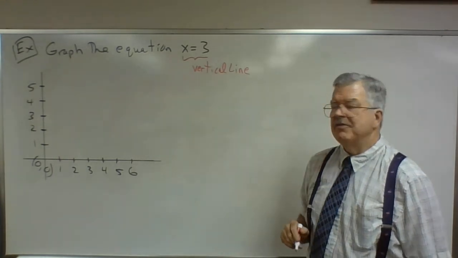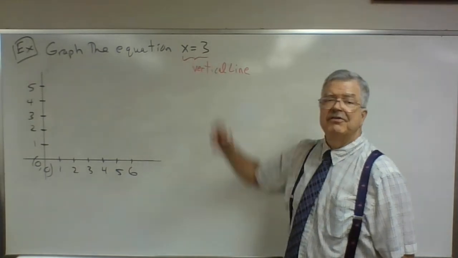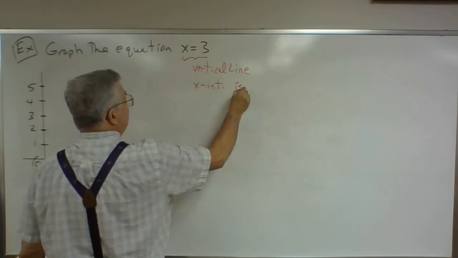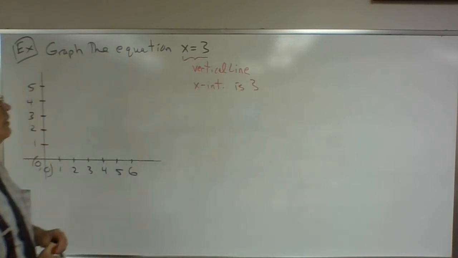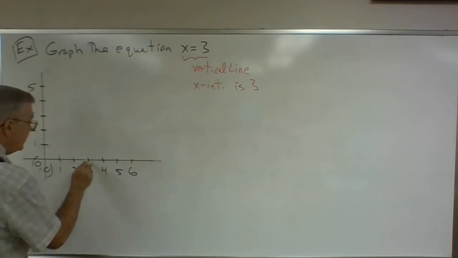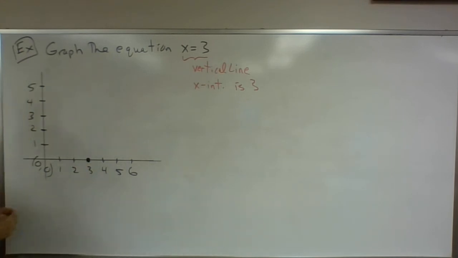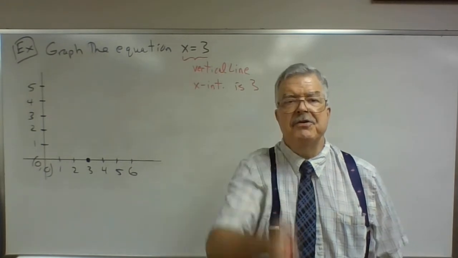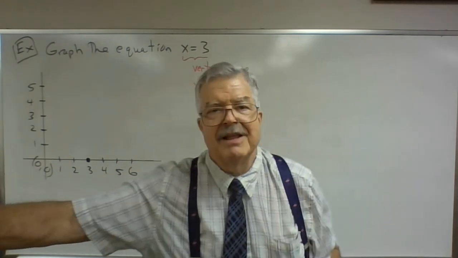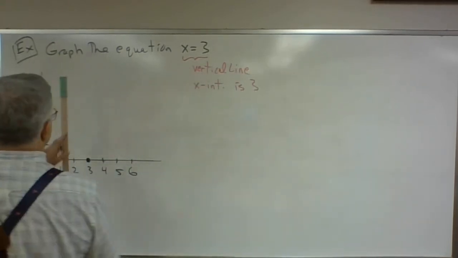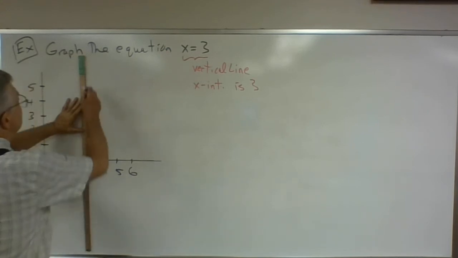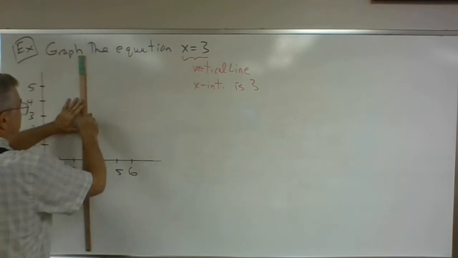The second thing we might think is, this is the x-intercept. So we know that the line goes through this point, 3 on the x-axis, and it's a vertical line. We know how to draw a vertical line, don't we? Straight up and down. Let's do it. It's a vertical line, and it has to go through this point, x equals 3.